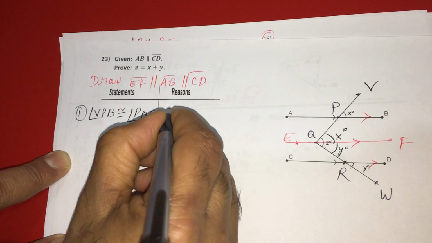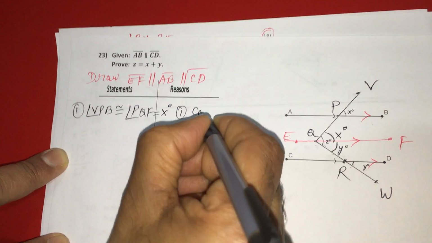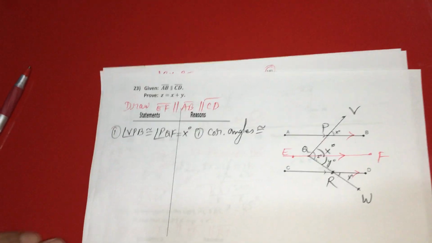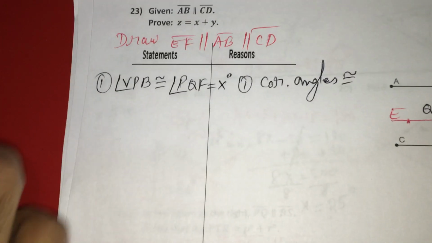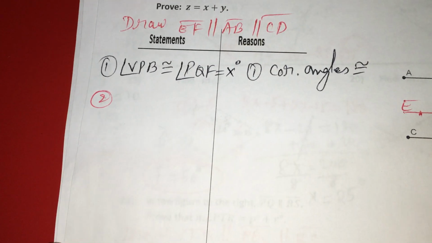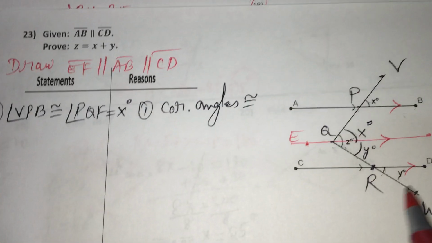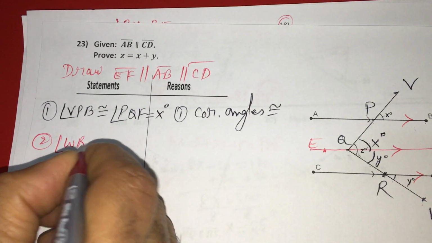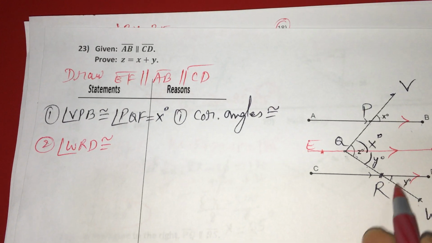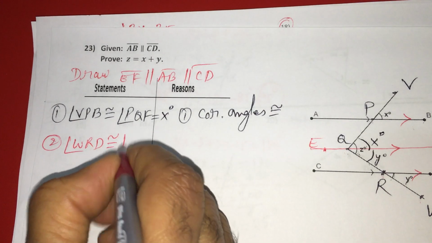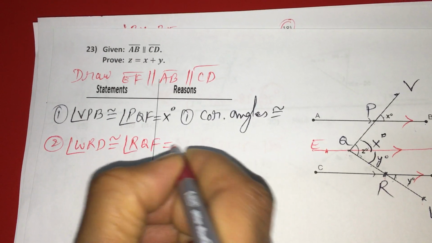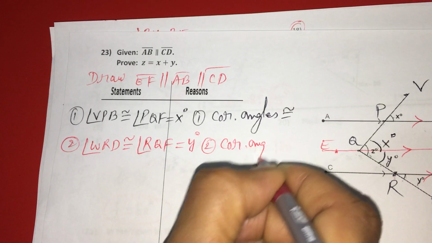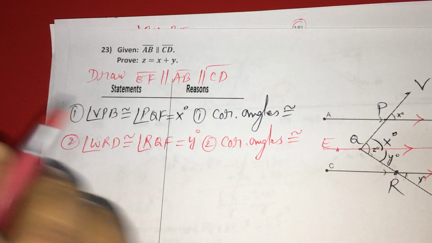Each is equal to x degrees. The reason is corresponding angles congruent. And next, second point, angle WRD is congruent to angle RQF. Each is equal to y degrees. The reason is the same thing, corresponding angles congruent.